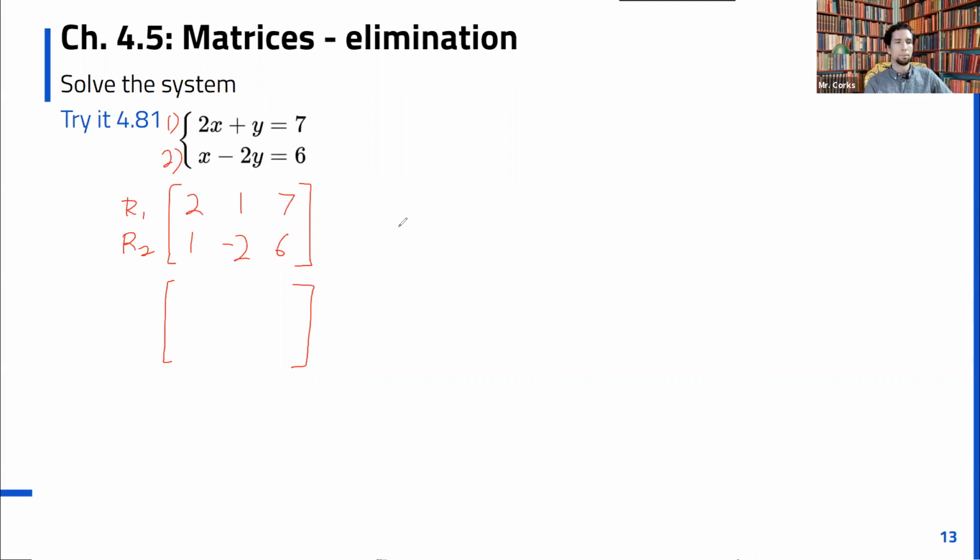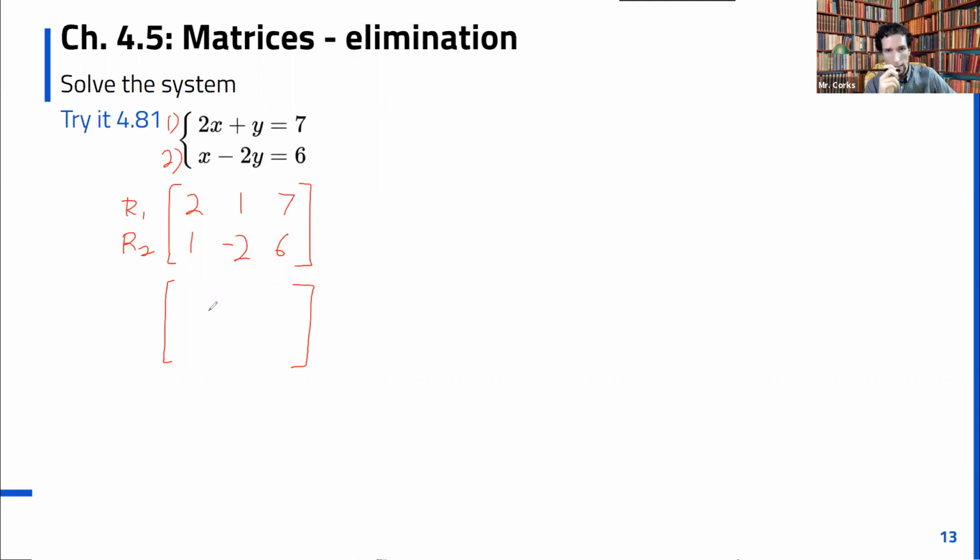Any ideas? Multiply with minus 2 and minus 1. Okay, so you want to combine the rows, or add the rows, or subtract one from the other?